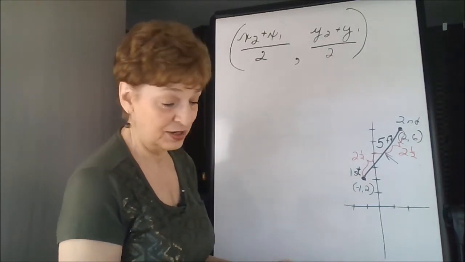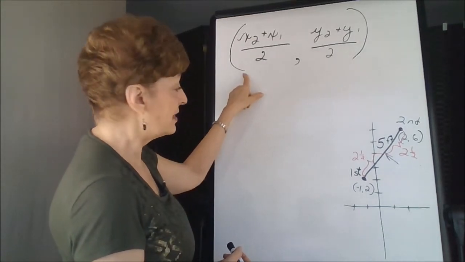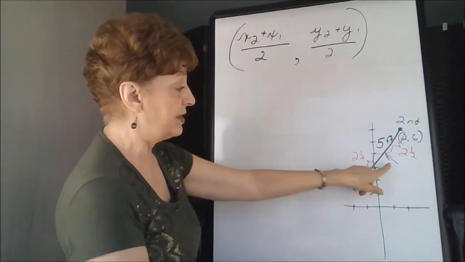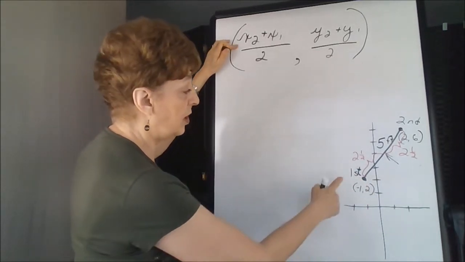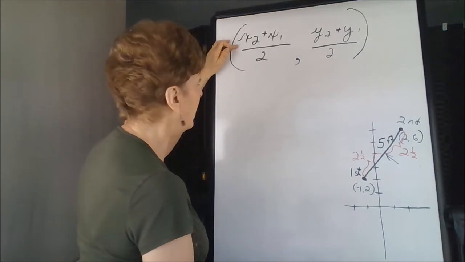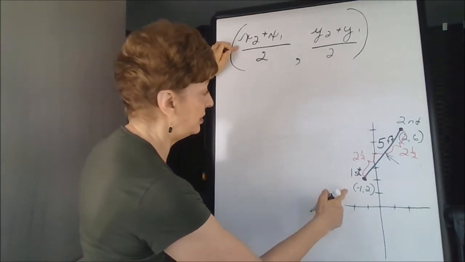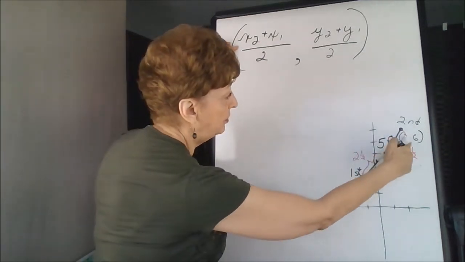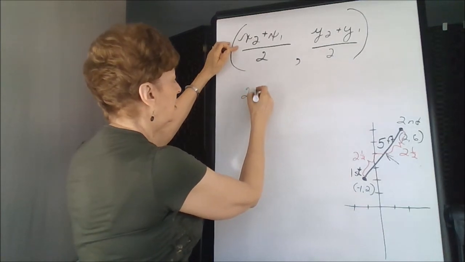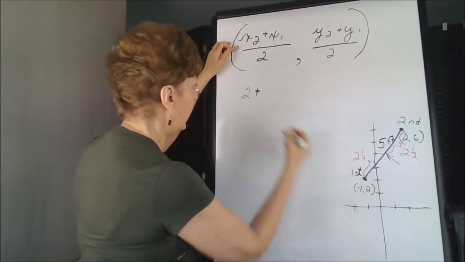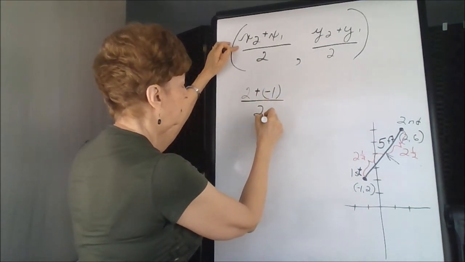Again, check your notes. You wrote them down before. So this tells us the ordered pair of this midpoint. Again, we're going to use our values for our first and second endpoint in order to populate this equation. So the x, I'm going to be taking it from this one, is a 2 plus a -1 divided by 2.